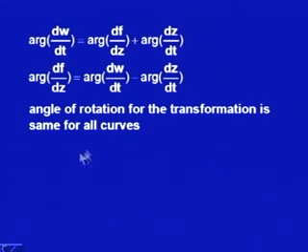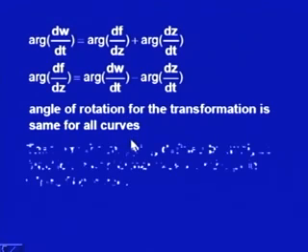So, if we take two curves in the z plane, then the corresponding two curves in the w plane will also rotate by the same angle, and so the net effect will be no rotation.